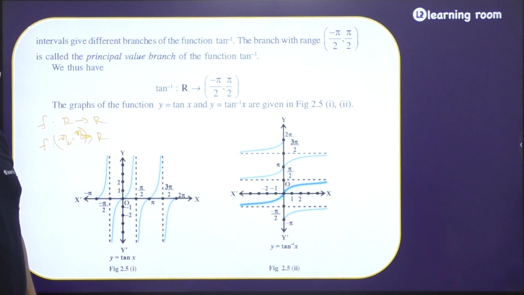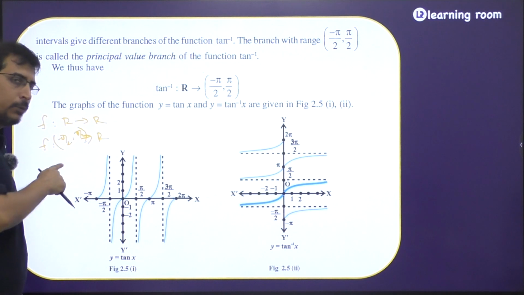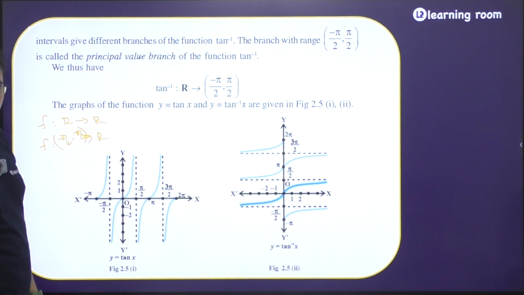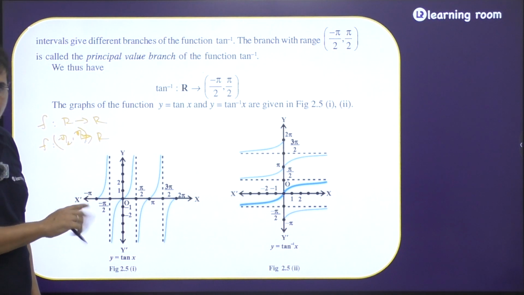I hope you are getting clarity of where to use open and closed bracket. I repeat, this is very important for a topic called increasing and decreasing function. Whatever I am discussing will come in calculus again. At that point, you should know where to use open and closed bracket. If you have any doubt in that, ask it. Is everyone clear with this? Can I assume everyone is clear where to use open and where to use close?